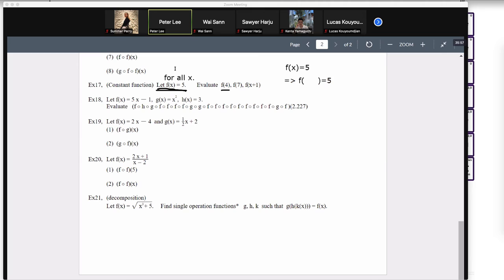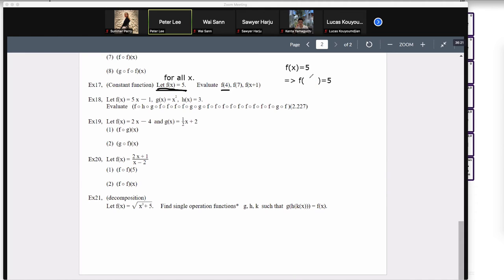Yes, we can put anything. If you want to put a 4 here, can you put in a 4? Let me put this in red. Yeah, we can put in a 4 here. Every x gets replaced by 4, but the right side has no x, so there's nothing to plug in. So what is f of 4? F of 4 is 5.